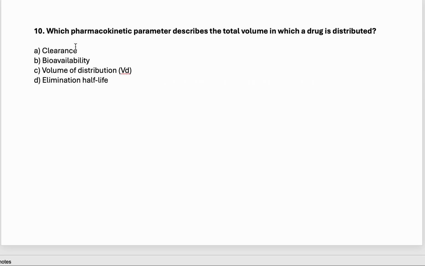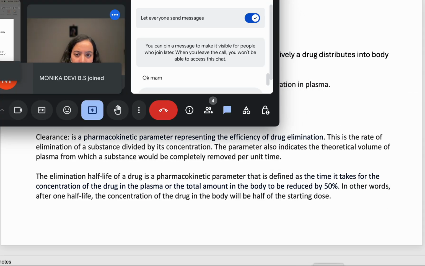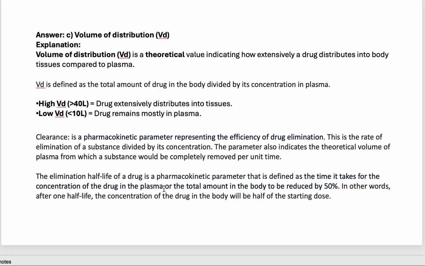So, what's clearance? We've talked about bioavailability and volume of distribution. Now let's talk about clearance and elimination half life as well. Clearance is a parameter representing the efficiency of drug elimination.